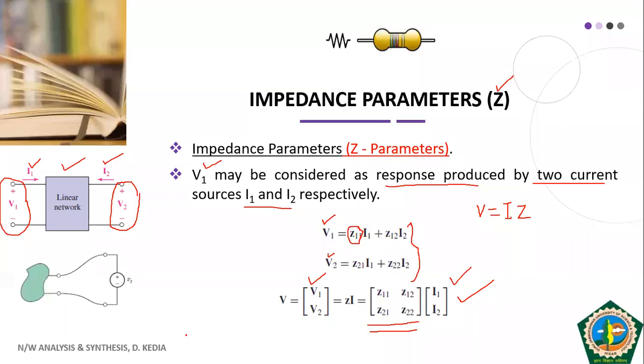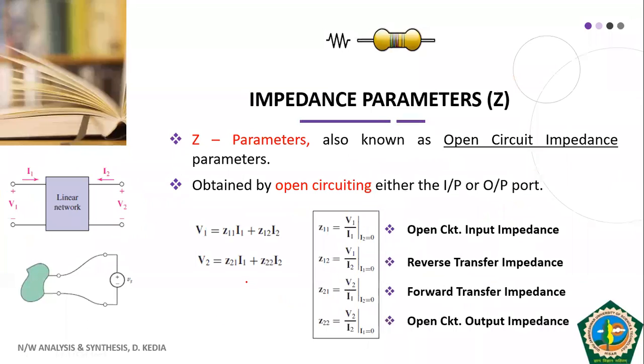I hope everything is clear once we have discussed admittance parameters in detail. Okay, so now let us move forward. So these Z parameters are also called open circuit impedance parameters. If you remember, in admittance parameters, we had called them short circuit parameters, because there we had made the voltage equal to 0, which is equivalent to a short. So here, in the case of impedance parameters, we will be making I1 and I2 equal to 0.